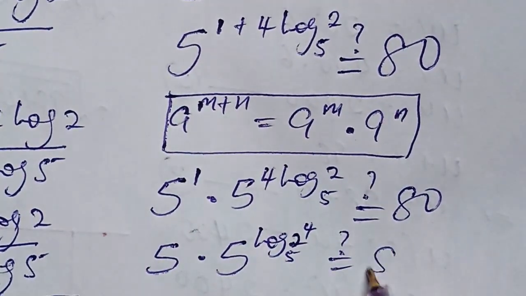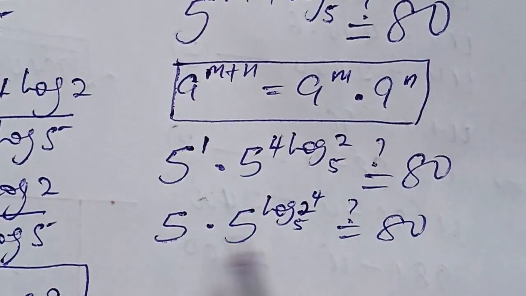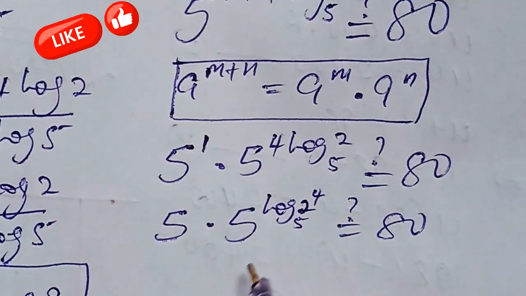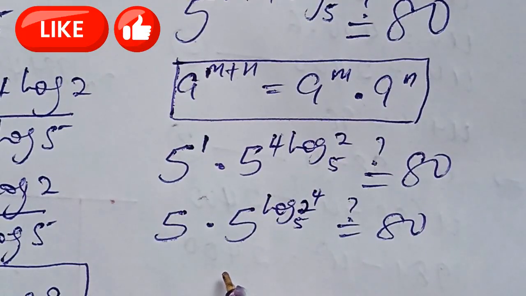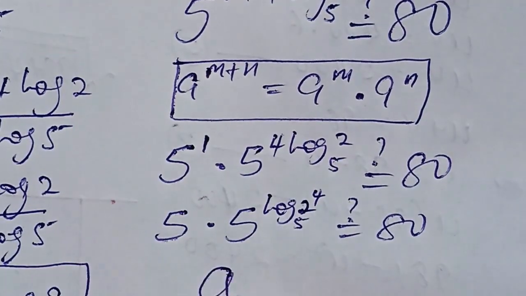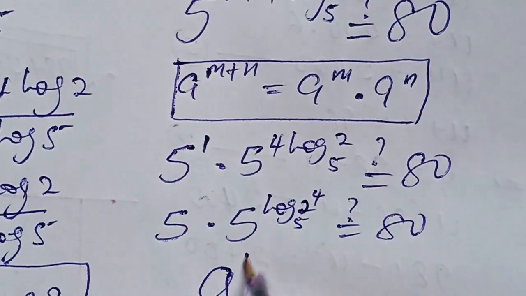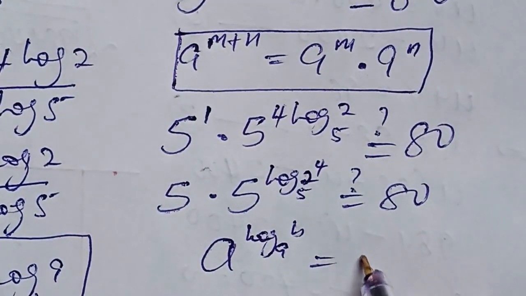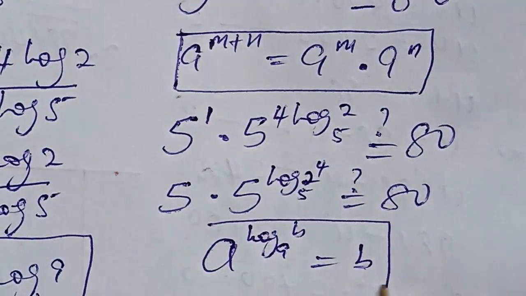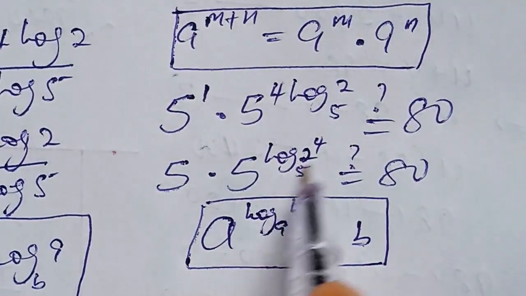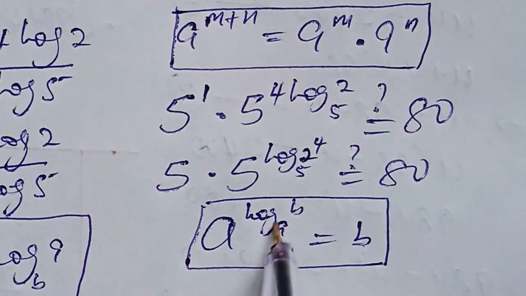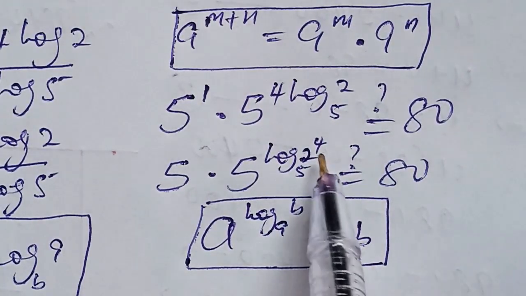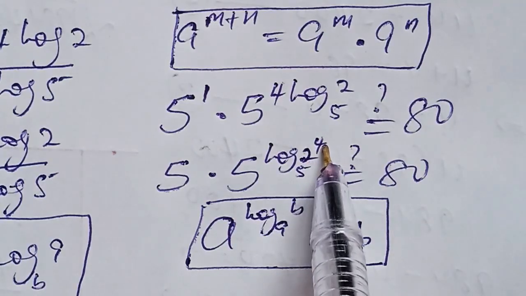Considering this expression, there's another identity of log, which implies that base a to the power of log base a of b can be expressed as b. Using this, we note that our b is equal to 2 to the power of 4.